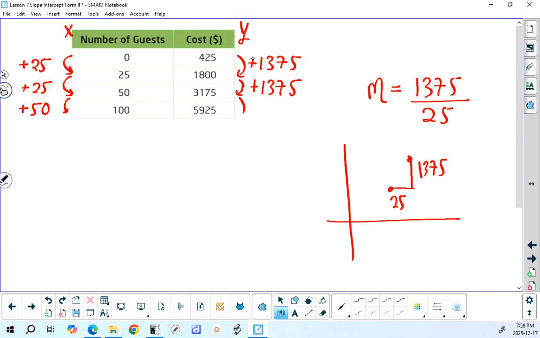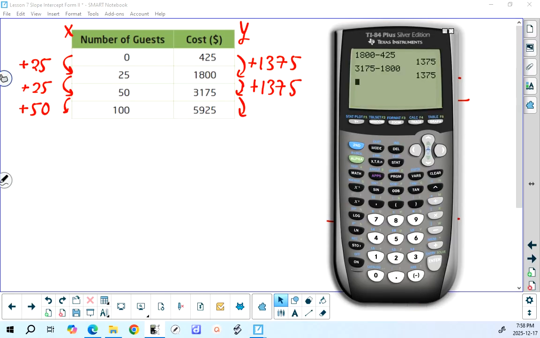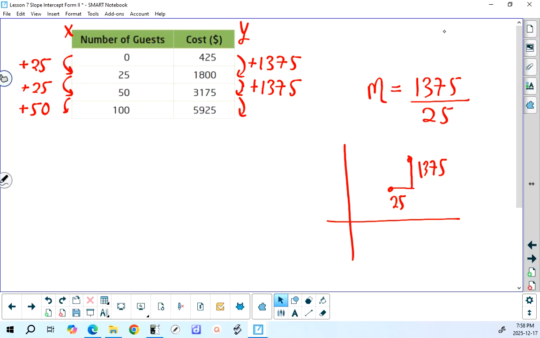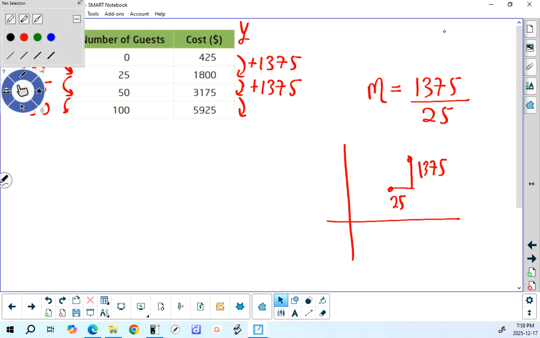And from here to here, let's see. It's 59.25 minus 31.75, which is 27.50. So this goes up by 27.50.